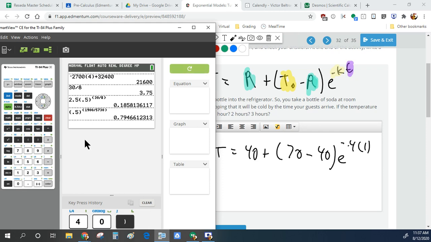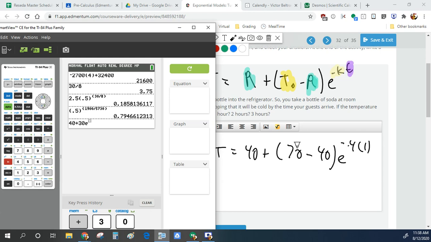You could literally, if you wanted to, do 40 plus 30. And then we're going to do E, so second E. And then we want to do this negative 0.4 times 1. And the reason I'm not just doing 0.4 is because of what I'm going to do next.